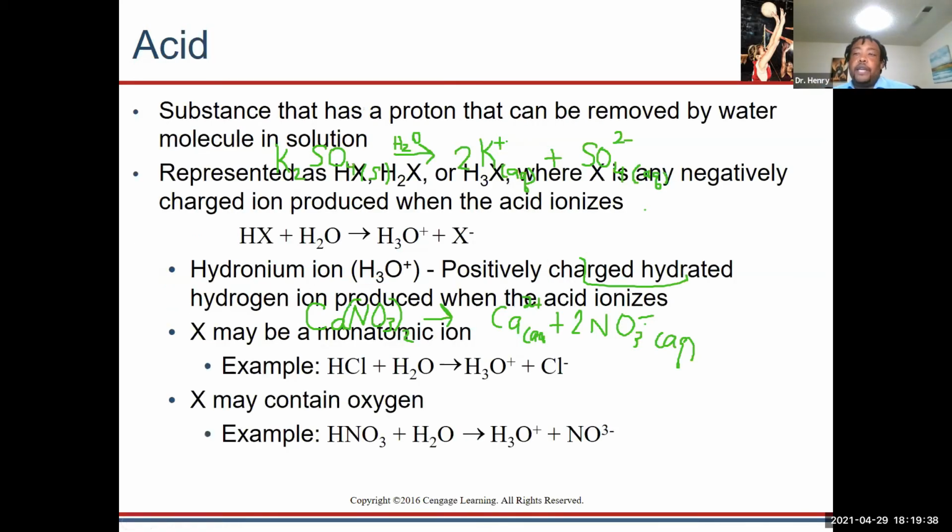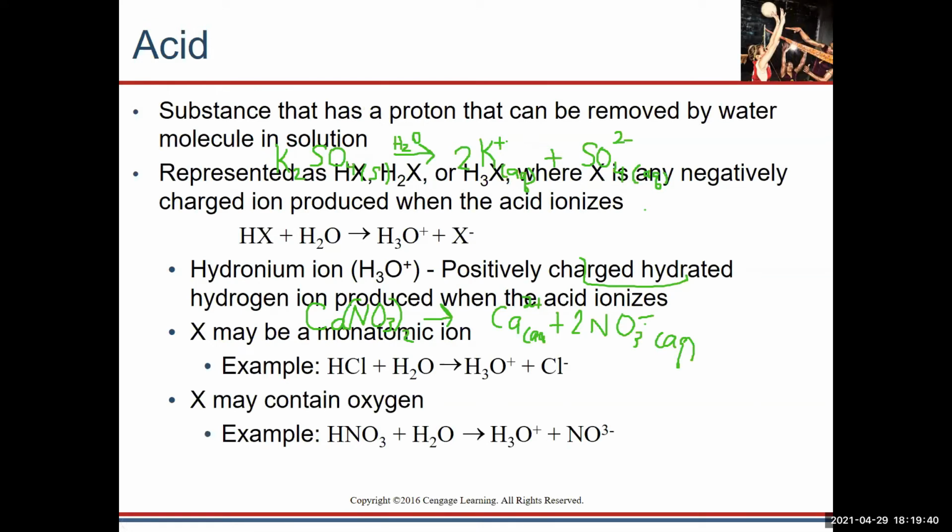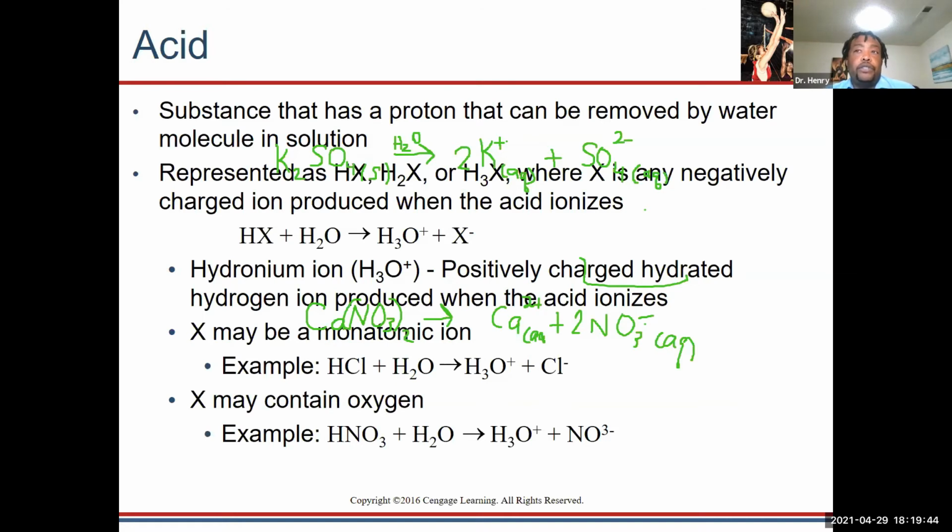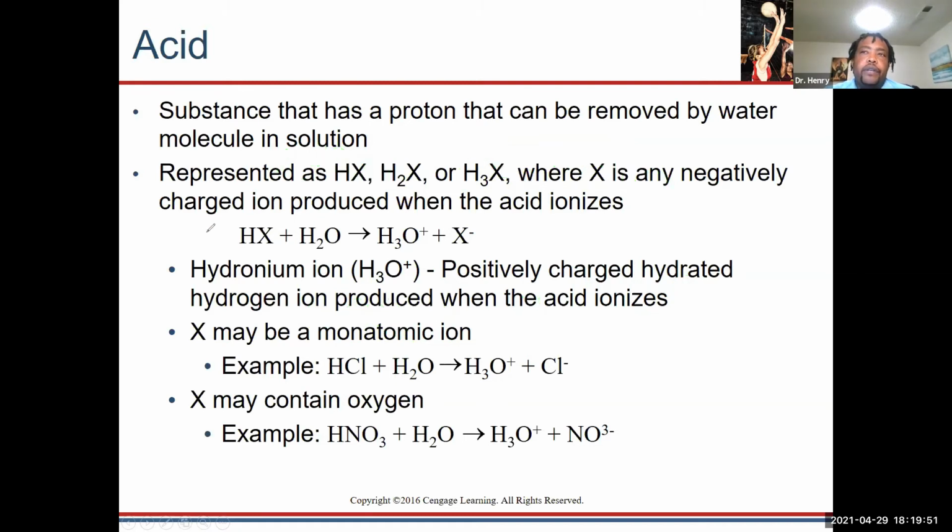Okay, so the same thing happens with acids and bases. With acids, as soon as an acid gets in solution, it's going to want to dissociate. The thing is that with an acid, that hydrogen ion is actually going to become the hydronium ion, because that hydrogen ion is kind of needy and needs something to grab onto, right?